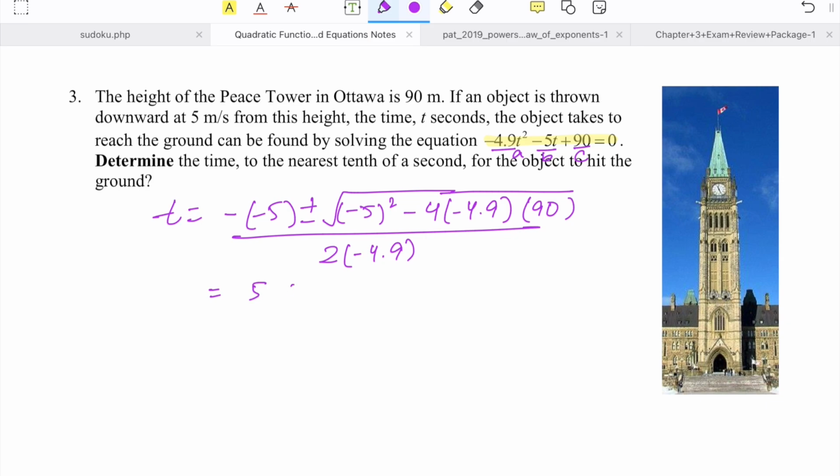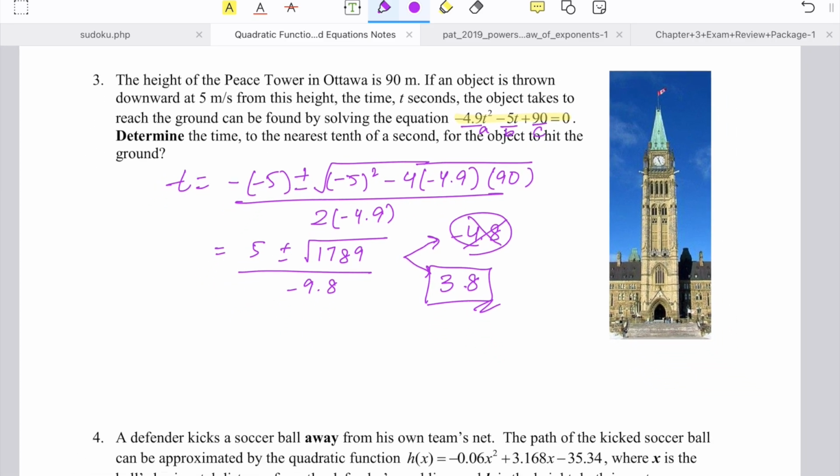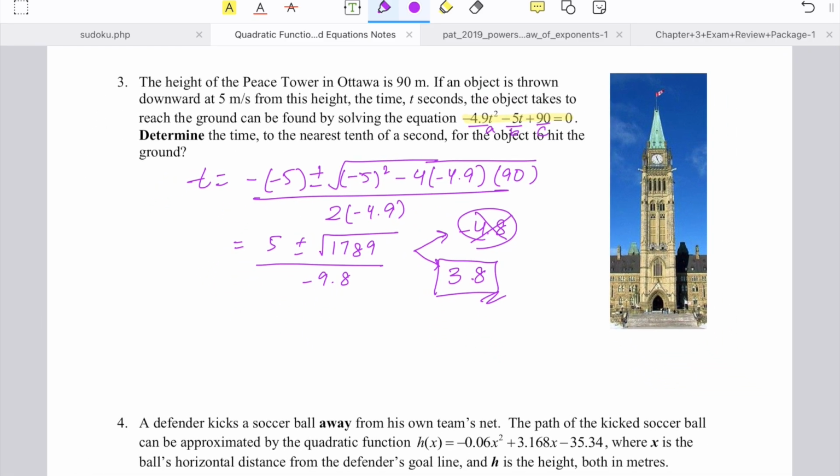So it'll be 5 plus minus root 1789 over negative 9.8. So you'll have two values for this, negative 4.8 or 3.8. This is extraneous, so we cancel it, and this will be our answer. So when the equation is given, the questions are easy, because all you need to do is use quadratic formula, product sum factor, or graphing to figure out what your answer is. Okay.